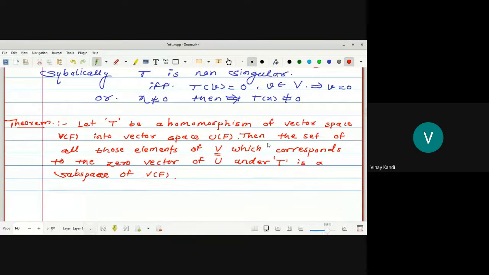What is the meaning of this sentence? Look here. The set of all those elements of V which correspond to the zero vector of U. Suppose this one is V and this set is U, and this is the zero vector.